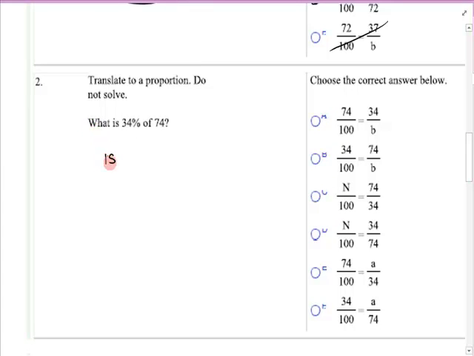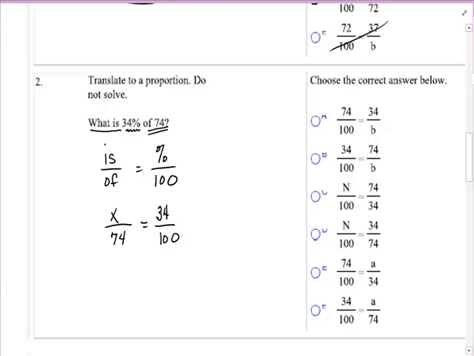Let's look at the next one. Remember, we want is over of equals percent over 100. What is 37% of 74? What is? That means I don't know the is number. The of number, there it is. It always comes right after the word of. The percent number is super easy because it has a percent sign on it. You leave it off because you're putting it over 100.